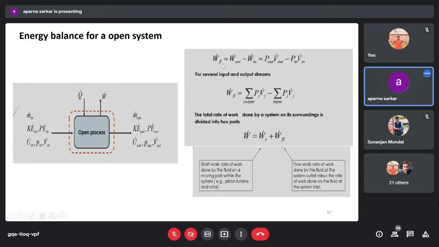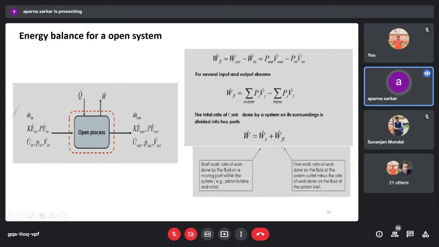So W_FI is equal to W out minus W in. This is the work, work input and output changes. So W is equal to PV, that is pressure out times volume out minus pressure in times volume in. If you have i, j components, then we can write it this way.